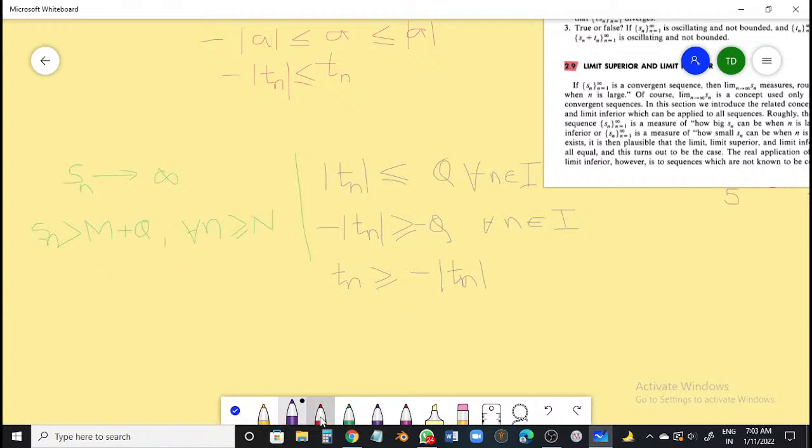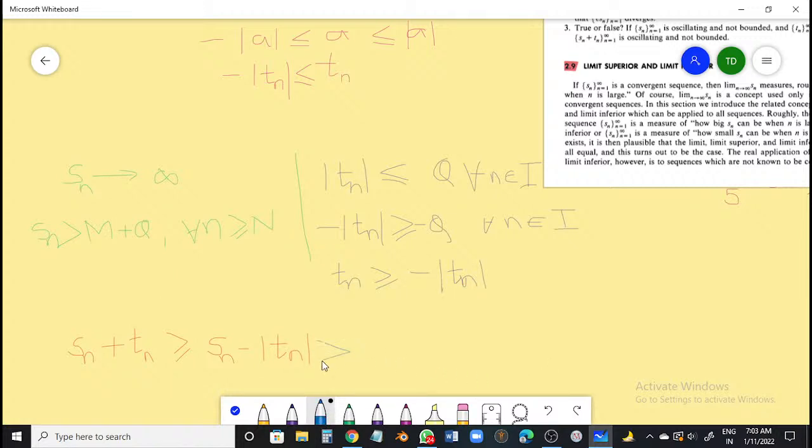So let us combine the result. We wanted Sn plus Tn. So we said this is greater than or equal to Sn minus mod Tn. So we know better that Sn is greater than this fixed value. Let us use it.